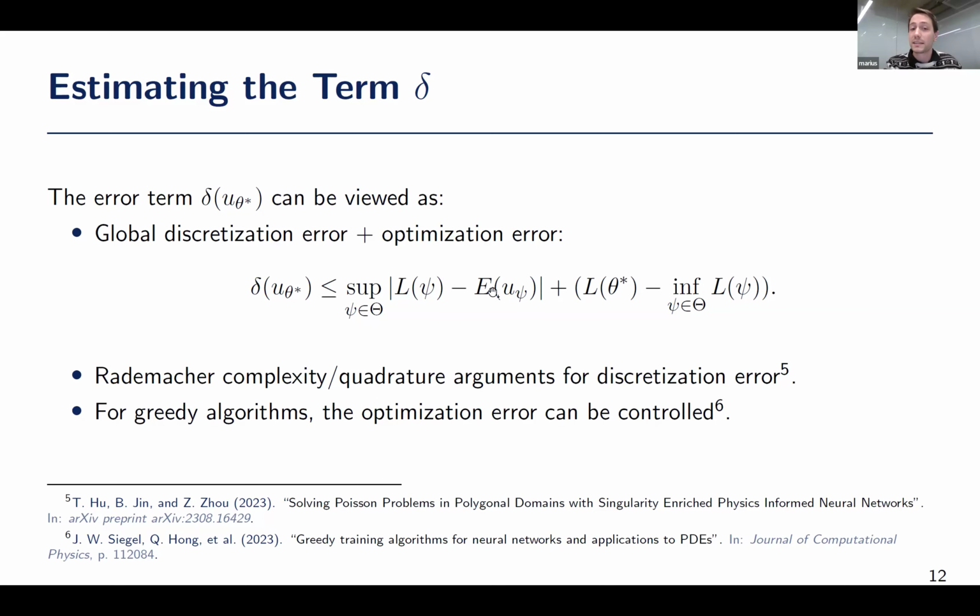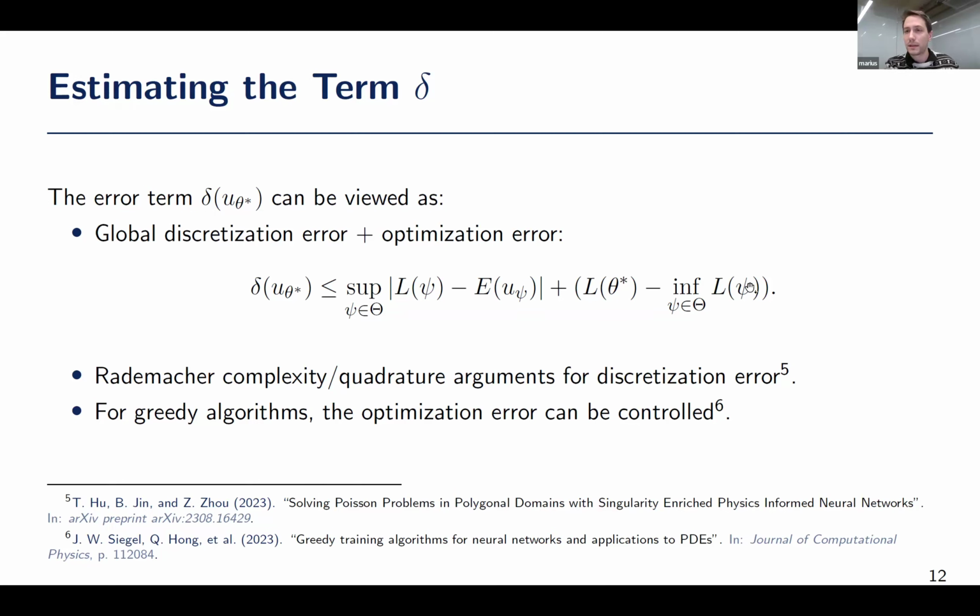Now, in some cases, these two quantities can be estimated further. For the first, for example, in the case of Monte Carlo integration, Rademacher complexity would be an appropriate tool to control this contribution. And I've listed one of several references where this is done, for example, for the Poisson equation.